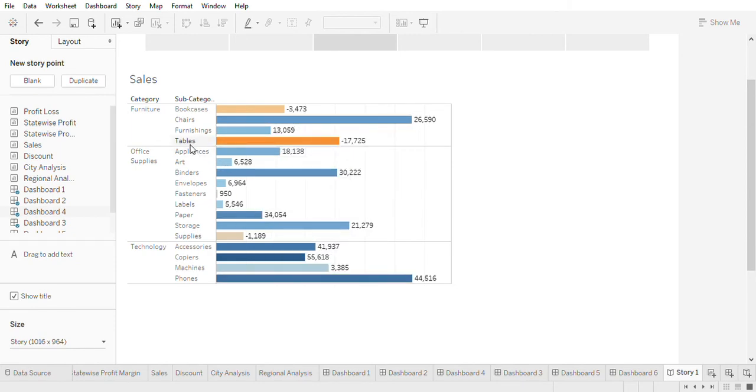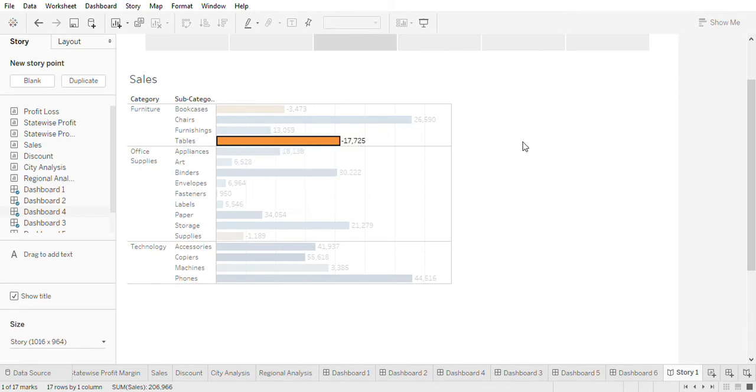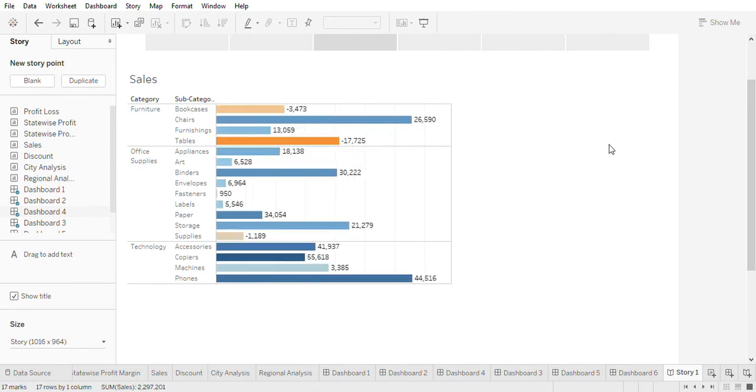So even if the sales for tables are very large, tables are incurring a loss of $17,000. So tables and bookcases should be taken care of, since they are incurring losses even though the sales are high.